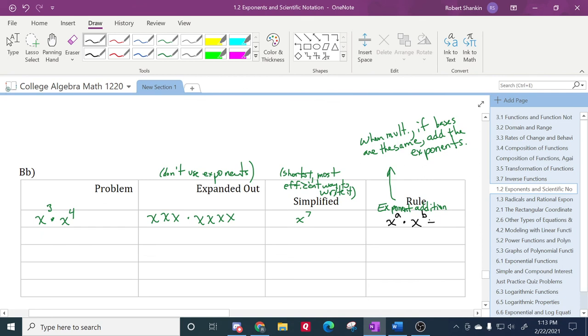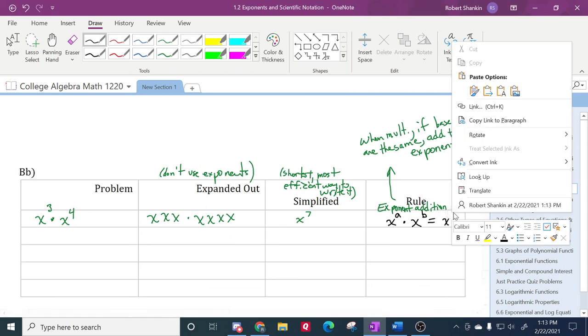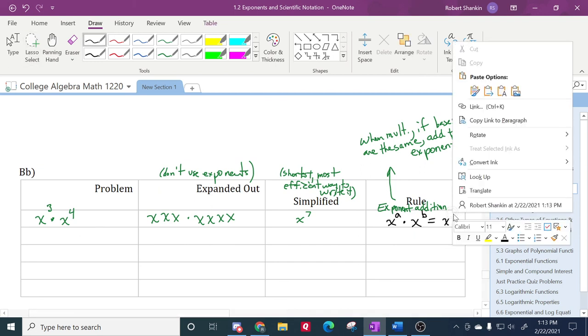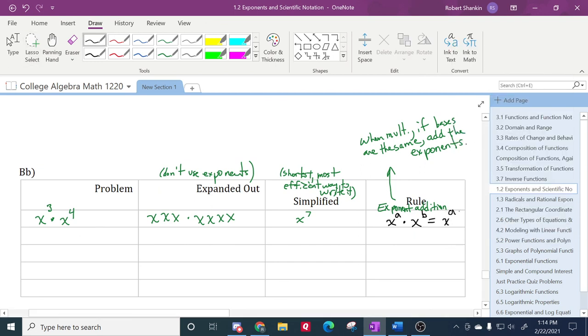Then the result, and this is a powerful rule, is x to the a plus b. When I write real small, it tries to do something else, so we make it big. x to the a plus b.